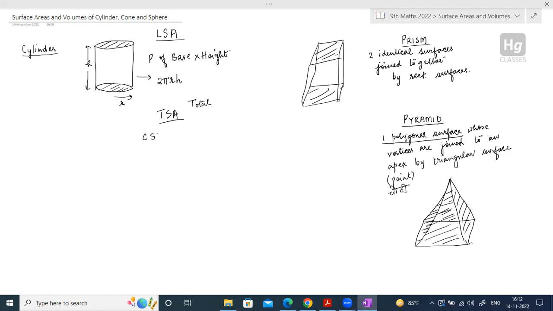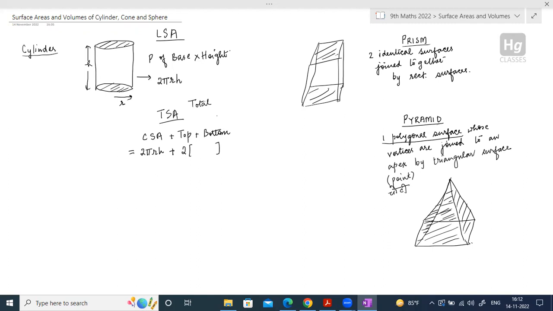You already have the CSA, which is the area of the curved surface of the cylinder. Add to it the top and add to it the bottom. CSA is 2 pi r h. And the top and bottom are identical, so we can multiply the area of either one by 2.